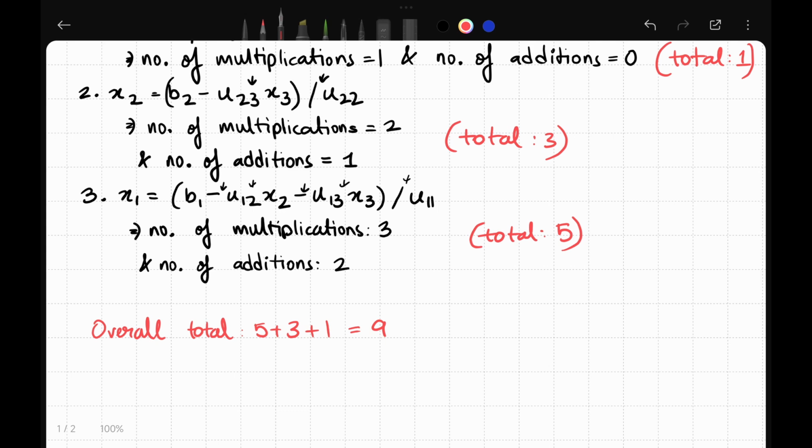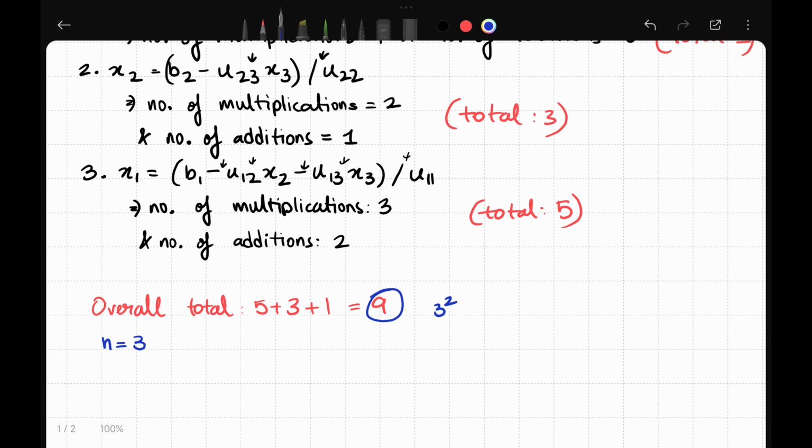So in this particular case, you have taken n equals 3, and the total number of additions and multiplications we have gotten is 9, which is 3 squared. Now you can generalize that.